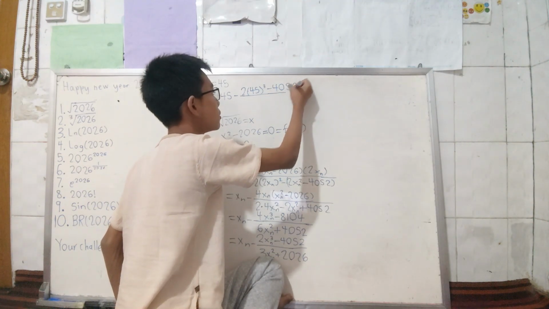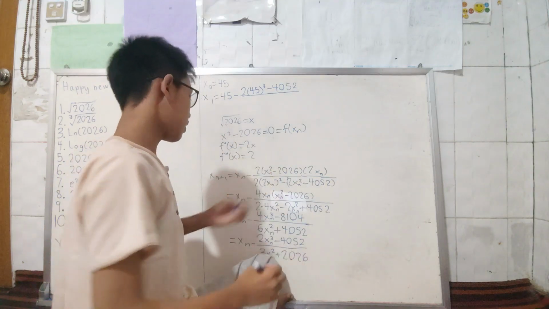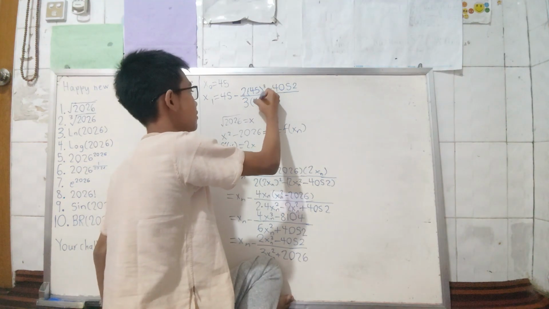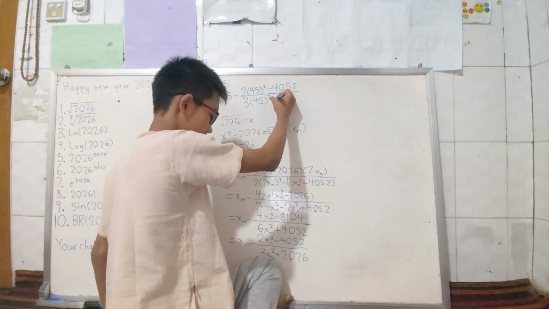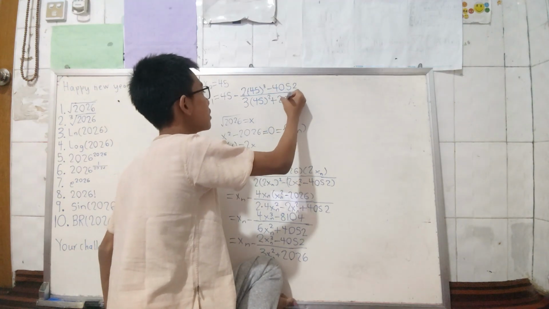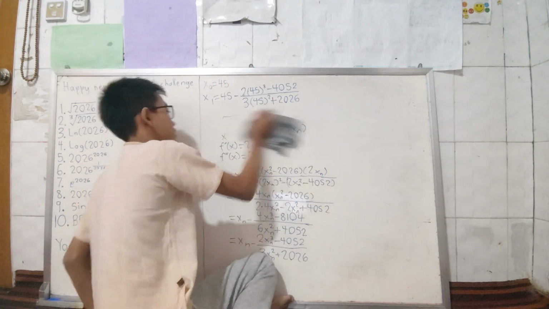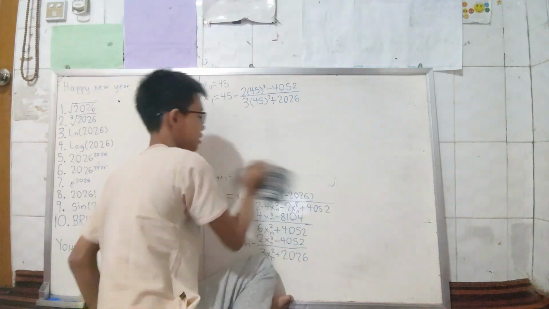I don't know if that will work, okay? 3 times 45 squared plus 2026. So we're going to erase all of that.